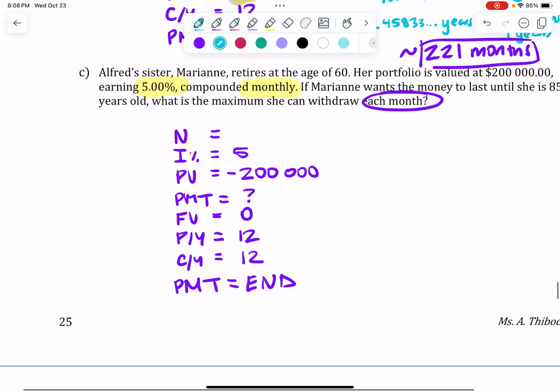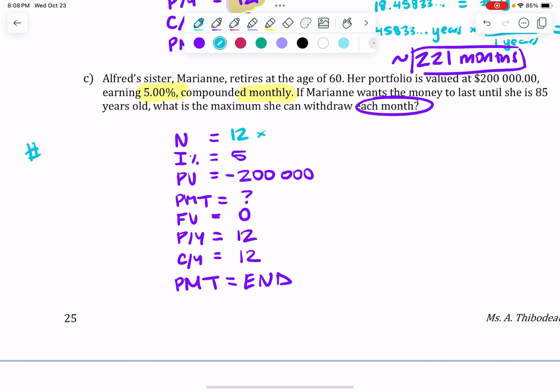Now my N is my PY 12 times my number of years. Well, my number of years is the difference between 85 and 60. Because she's 60 now, she wants it to last until she's 85. So that's over a span of 25 years. Which means N is 300.